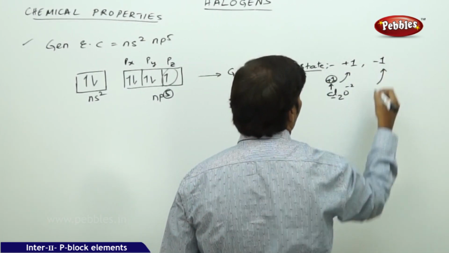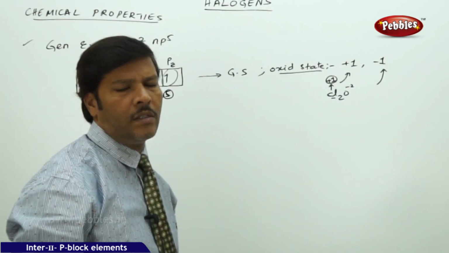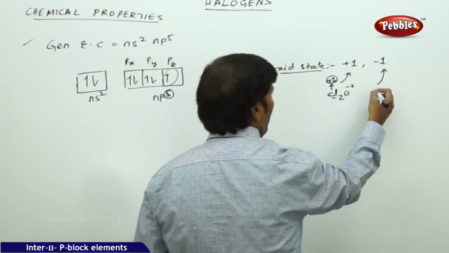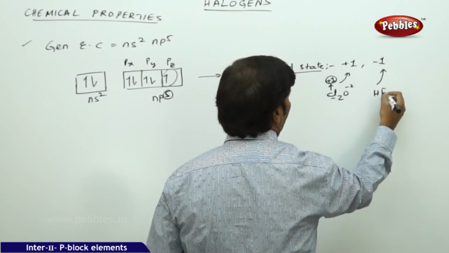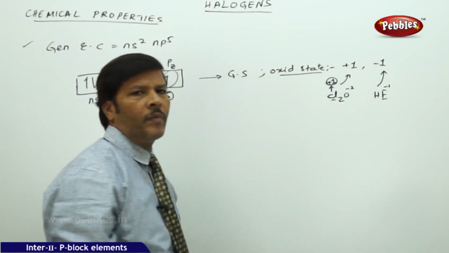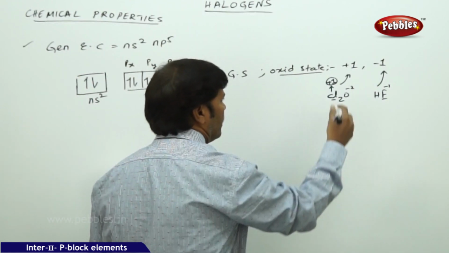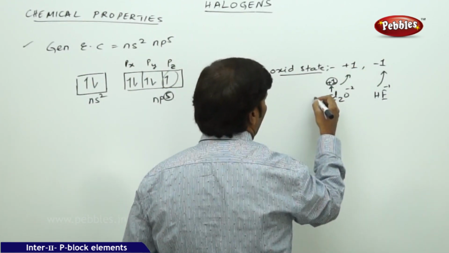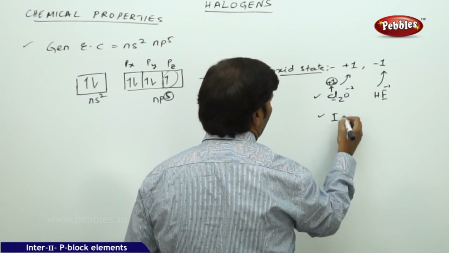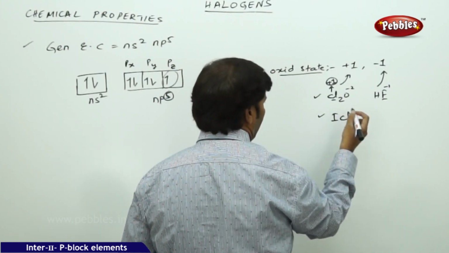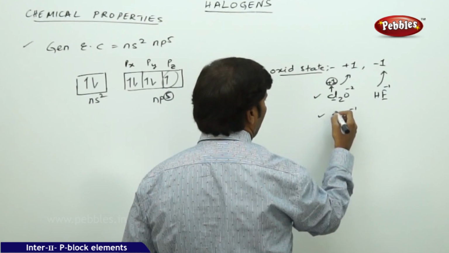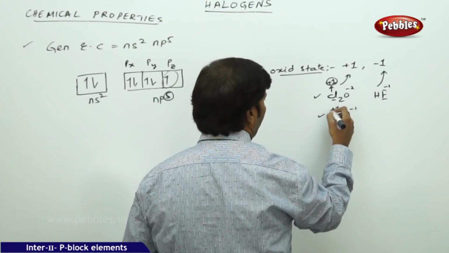For the -1 oxidation state, you can take halo acids. If you take a halo acid, you find that fluorine definitely shows a negative oxidation state. And even if you take interhalogen compounds, you can also take ICl. In ICl, chlorine is -1, so iodine is carrying +1 oxidation state.